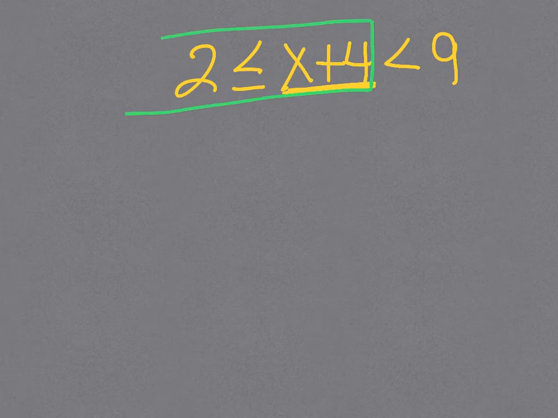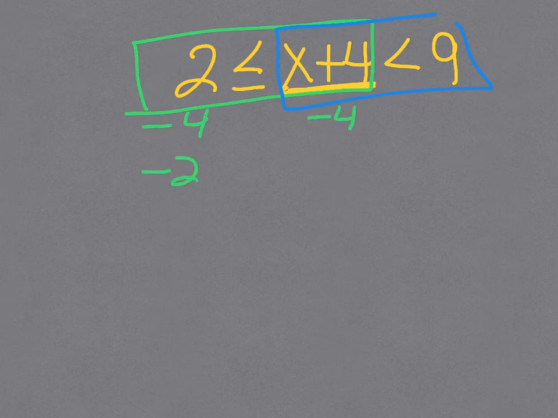So it's like this is a problem, and then this is a problem, okay? So we're going to work the green side first. We're going to subtract 4 from both sides. So we get -2 is less than or equal to x. All right? Now we're going to work the blue side.